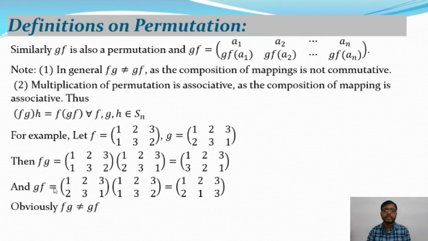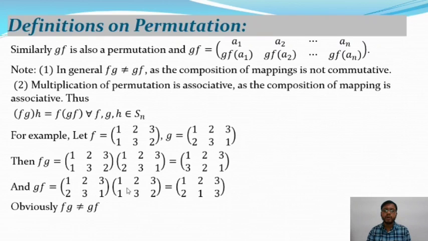As well as the product G into F, it is equal to the first permutation G, that means 1 goes to 2, 2 goes to 3, 3 goes to 1, and F, that is 1 goes to 1, 2 goes to 3, and 3 goes to 2. These two are permutations of degree 3.